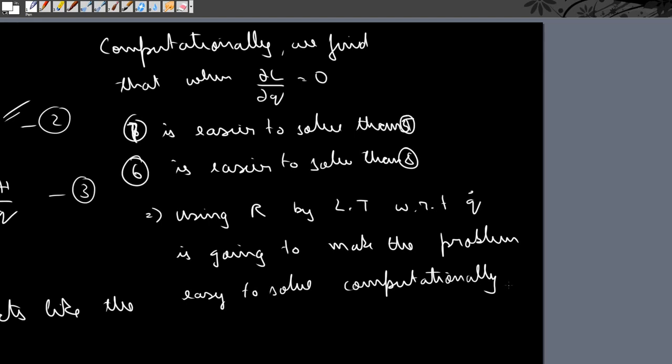If we find, due to some kind of symmetry, that the Lagrangian is cyclic with respect to some coordinates, then our computation can be made faster by using the Routhian, where we take the Legendre transform with respect to those coordinates with respect to which it is cyclic. Okay, so that is the advantage and use of using the Routhian over the Lagrangian or the Hamiltonian description.